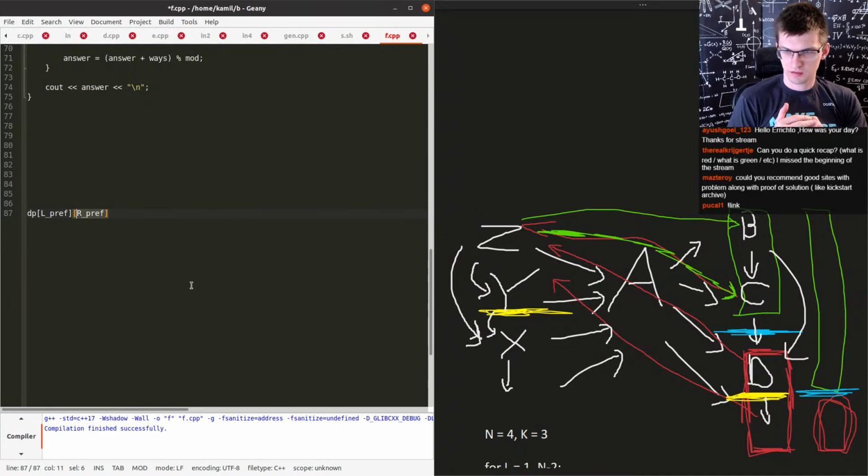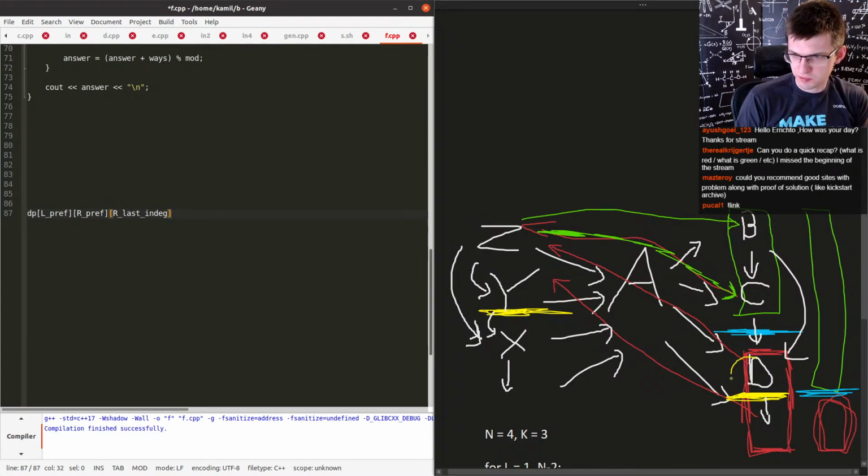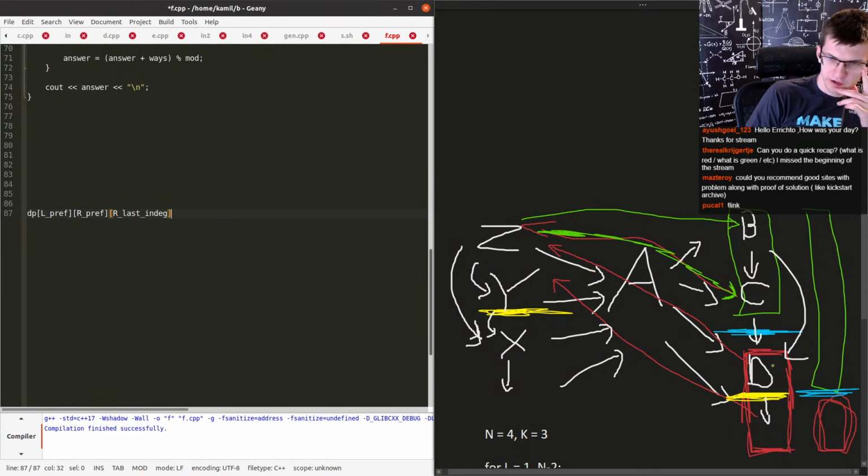And everything was valid so far, I guess. And maybe if I reached up to this yellow spot, then I need to know the input degree already of that vertex.